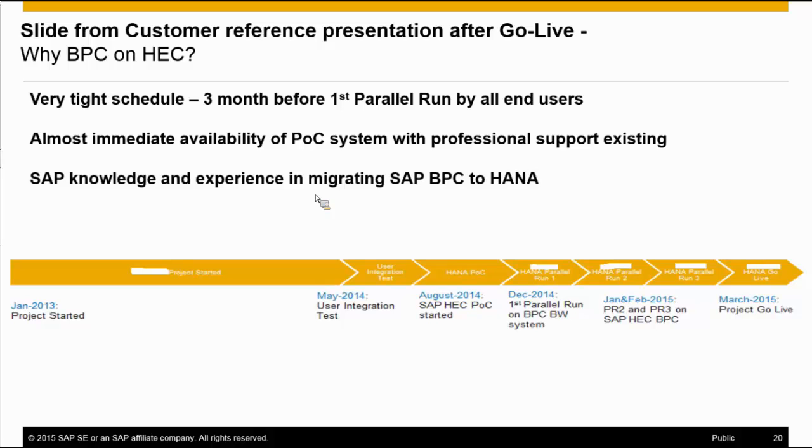They had SAP services on board for the experience in the migration towards BPC on HANA. And they also had an IT outsourcing supplier change in 2014, which is what I mentioned before. So to avoid any complexity with their current supplier, which was not ready to run or to host the HANA system, they chose for HEC.